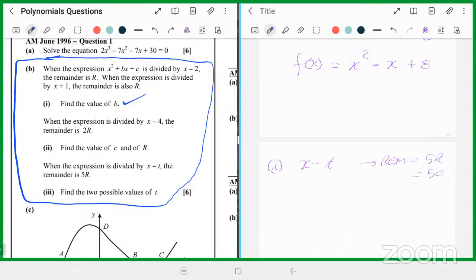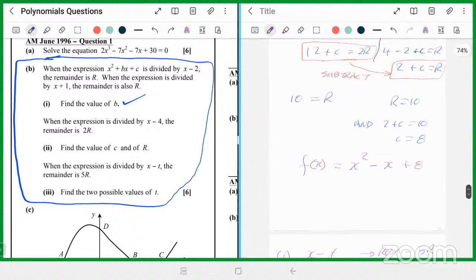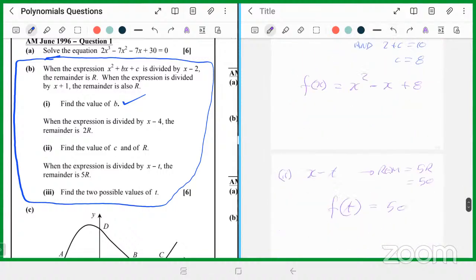So that means f of t is equal to 50. Simple like that. 5 times r is 50. So this is the remainder from x minus t, f of t. f of t is 50.